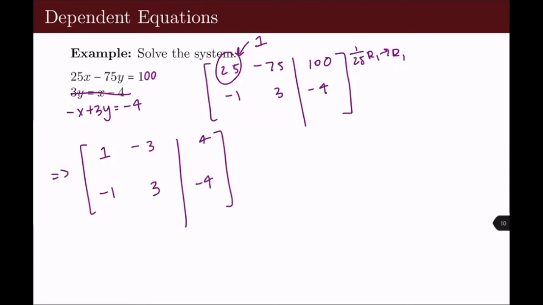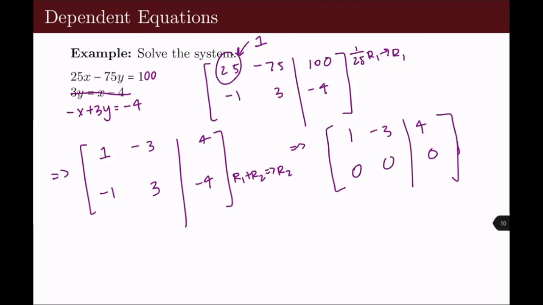However, if I say, okay, row 1 plus row 2 is going to be the new row 2, can y'all see automatically that everything's going to cancel because I have 1 minus 1, negative 3 plus 3, and 4 minus 4. So that means I'm going to have 1, negative 3, 4, 0, 0, 0.